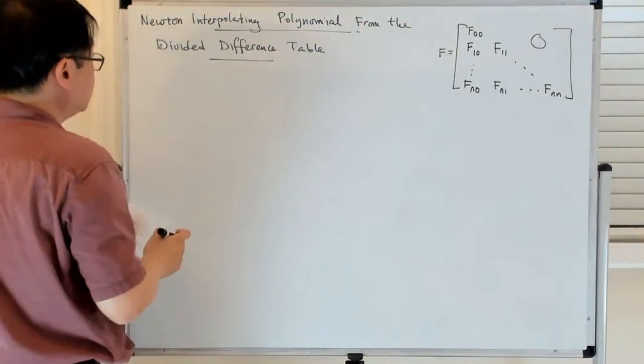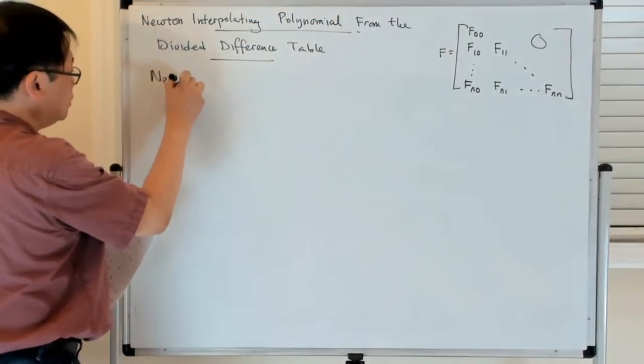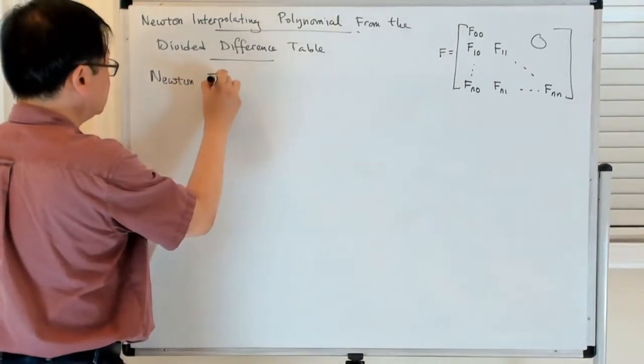There are two main forms of this. There's the Newton forward divided difference.